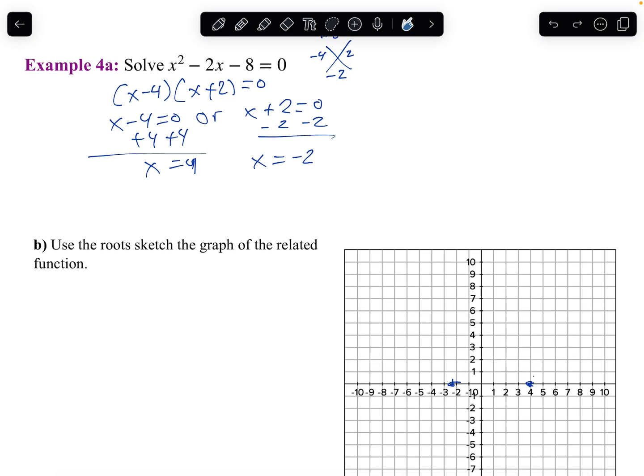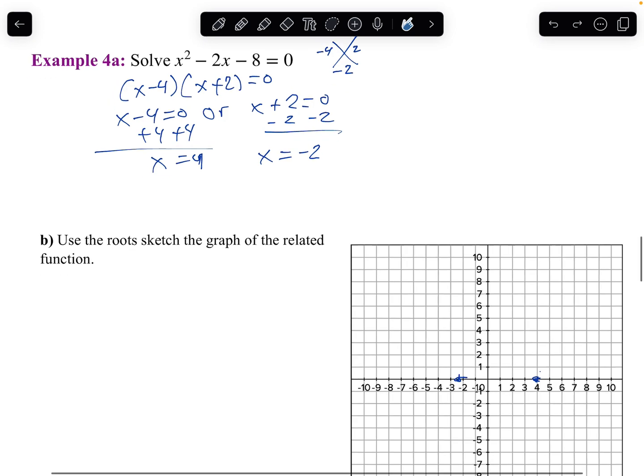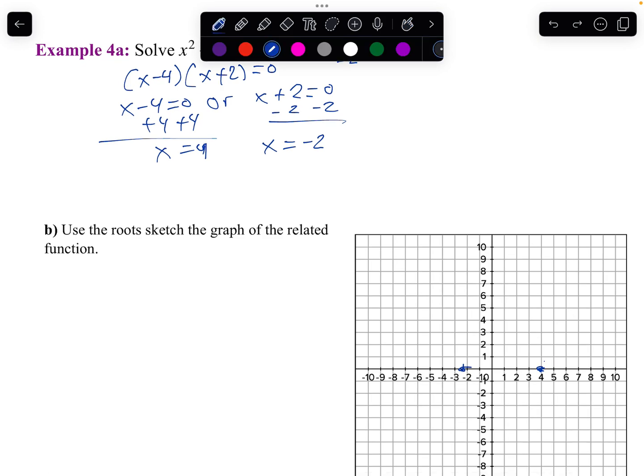Well, the vertex is going to be halfway between your intercepts. So my vertex is going to be the average of 4 and negative 2. So 4 plus negative 2 is 2, divided by 2 is 1.